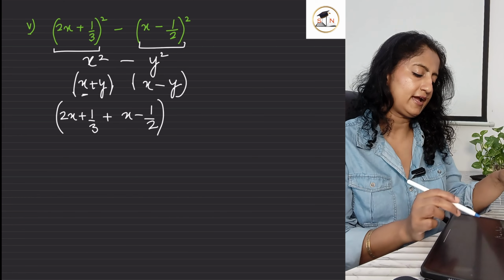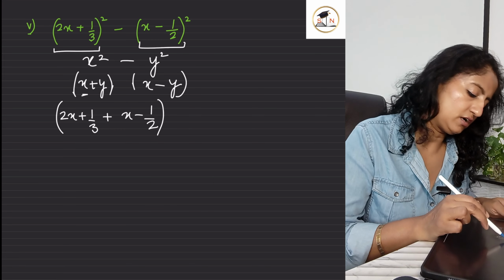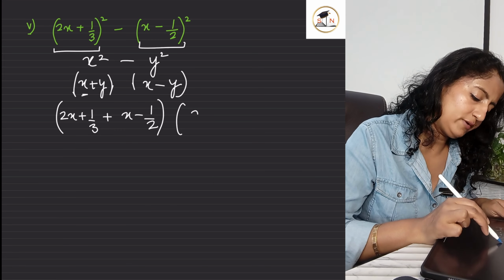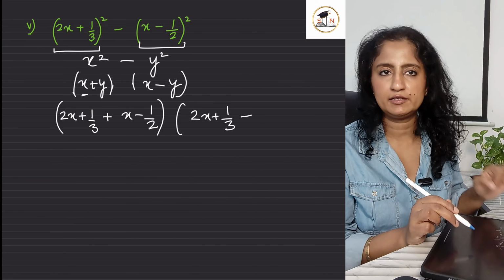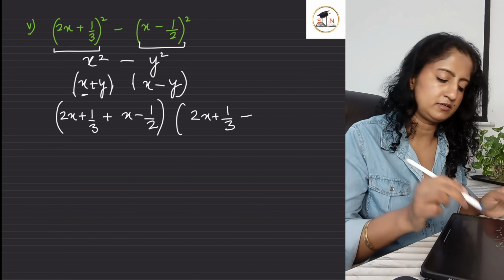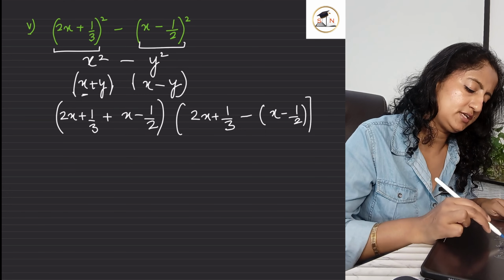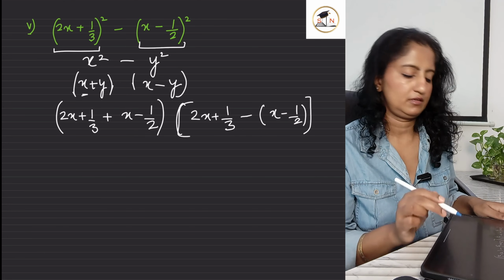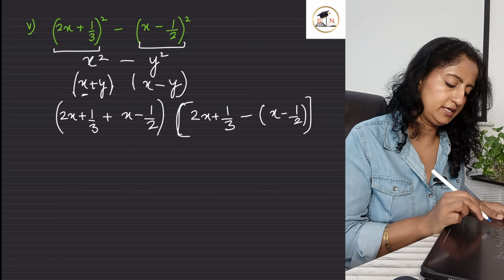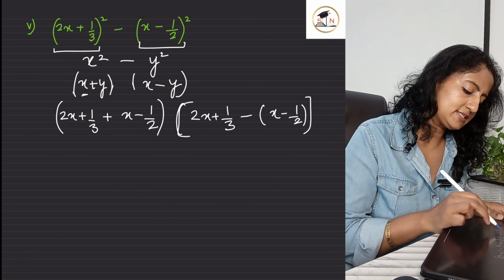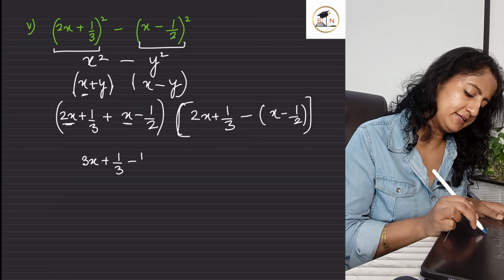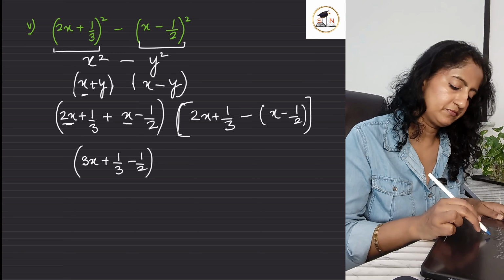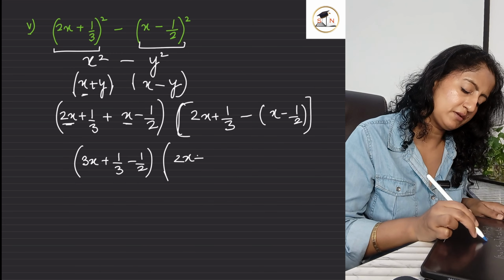What I have done is added up the two elements. Now the second bracket, 2x + 1/3 minus, now we have to find the difference of the two expressions. So I am going to use an internal bracket over here because the minus outside will help me change the sign, right? We need to simplify this further. It cannot remain just like this. 2x plus x is 3x, then 1/3 minus 1/2.